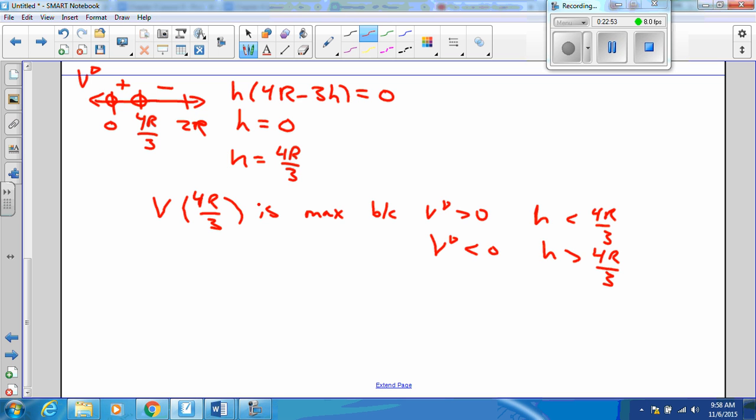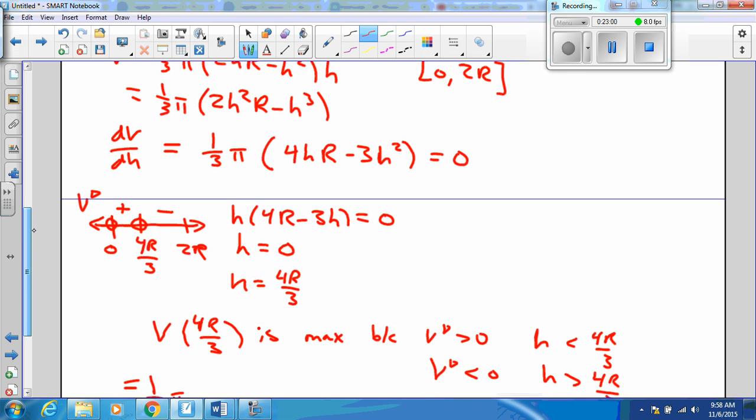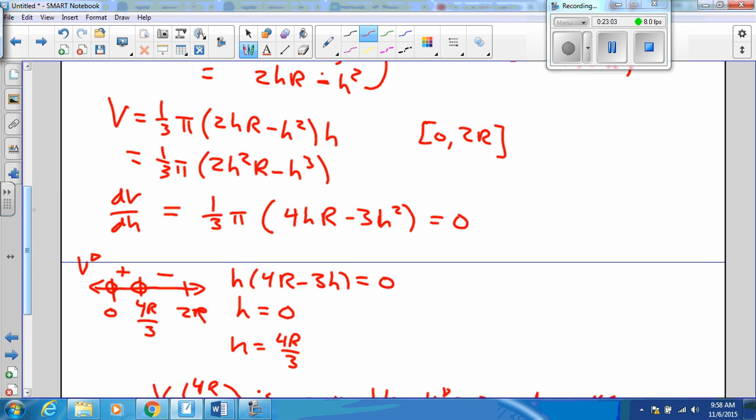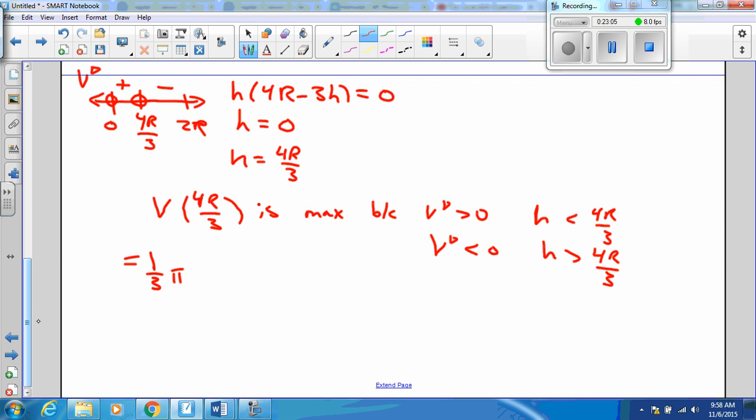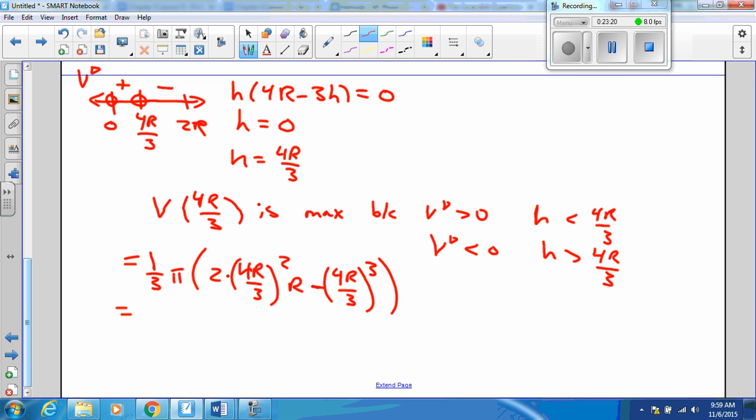What is that volume? We've got to actually answer the question. Volume of 4r over 3 is 1/3 pi times, what do you have? Negative h cubed, so it's 6h. Sounds about right.